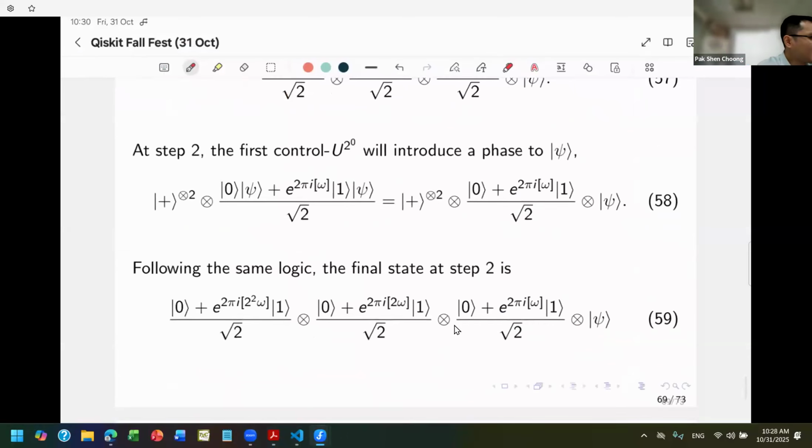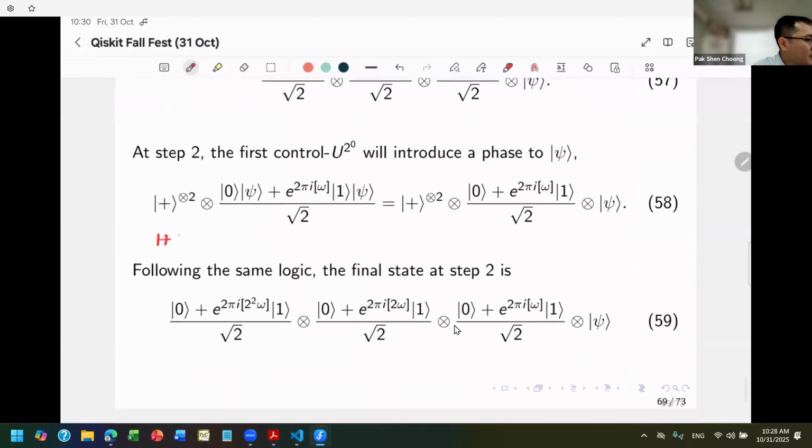Originally over here, this will be plus, tensor with plus, tensor with plus. And then, this plus, you need to write them together because there is a control gate involved.